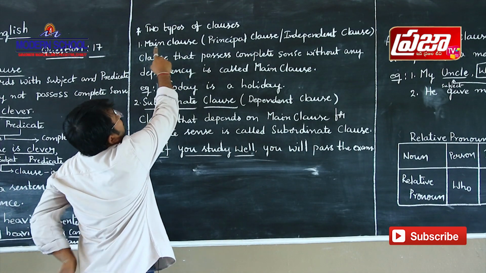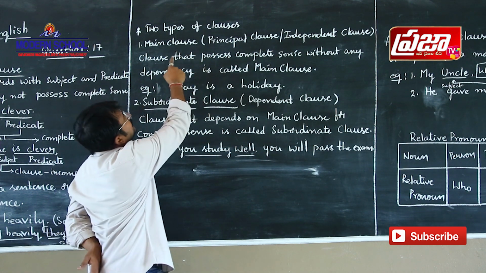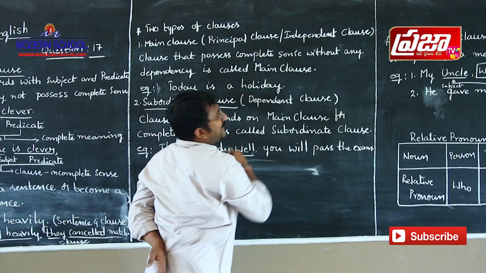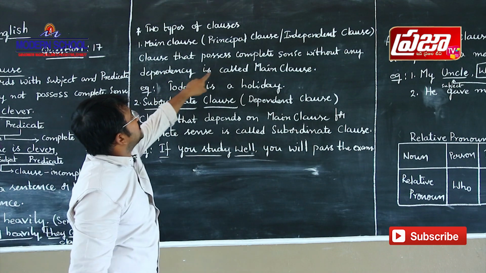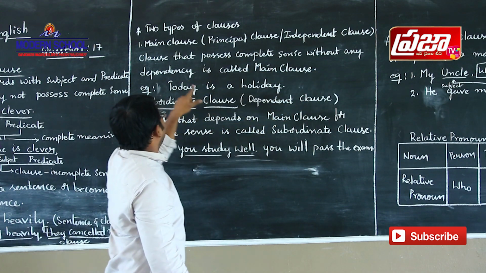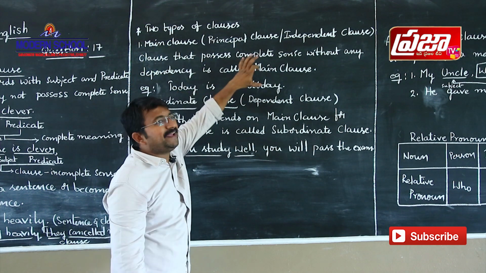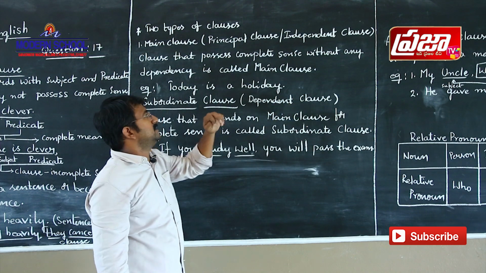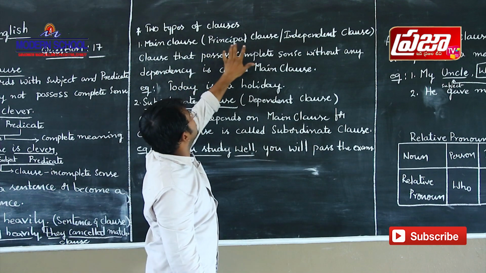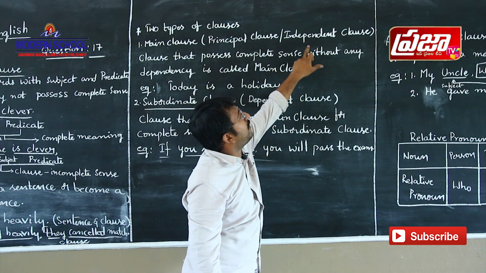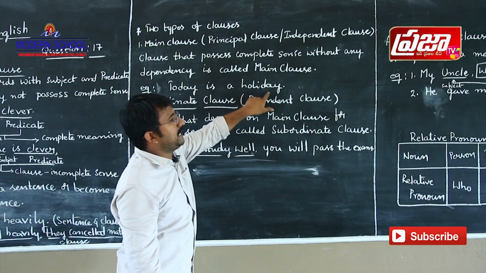If you take clauses, there are two types. One is the main clause; the other names for the main clause are principal clause or independent clause. What is this main clause? A main clause possesses complete sense without any dependency, meaning it possesses a complete sense without depending on any other clause. Take the example, "Today is a holiday."